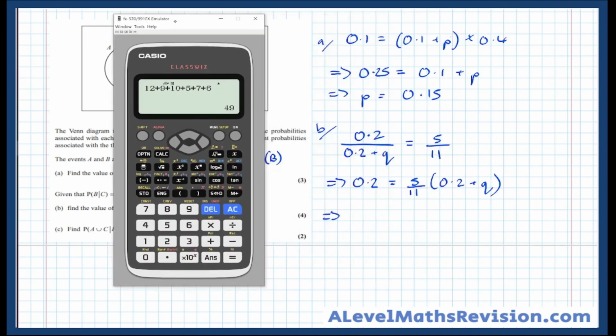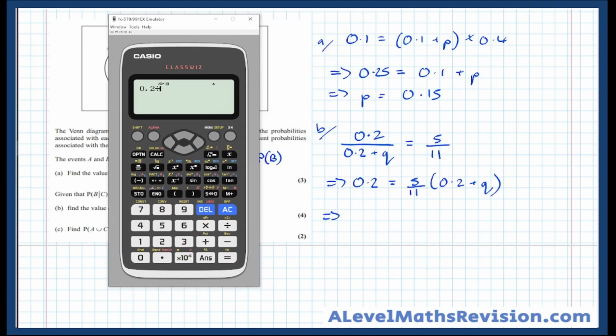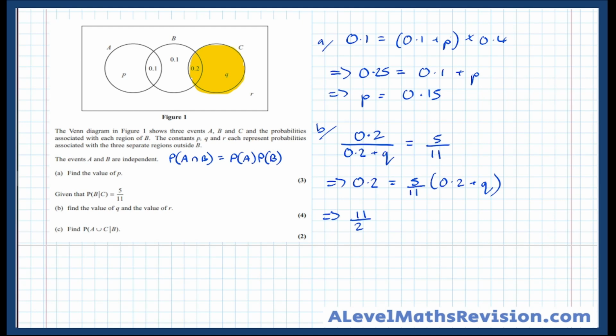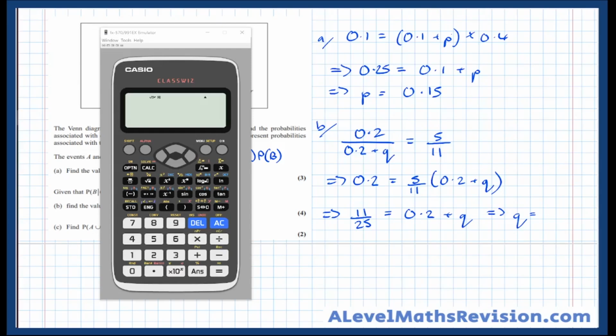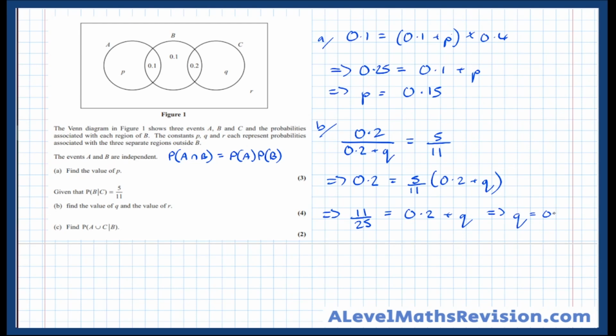So 0.2 divided by 5/11 is equal to 11/25. Dividing both sides by 5/11 gives 0.2 plus Q, which means that Q equals 11/25 take away 0.2, which is equal to 6/25, which is 0.24.